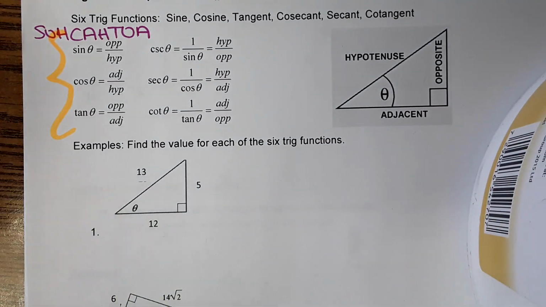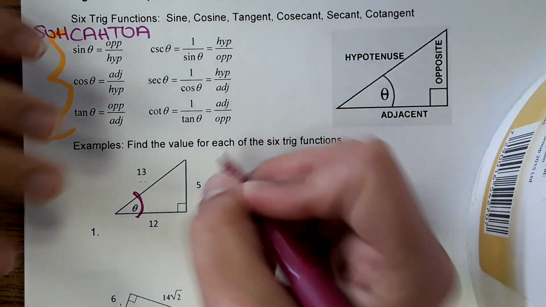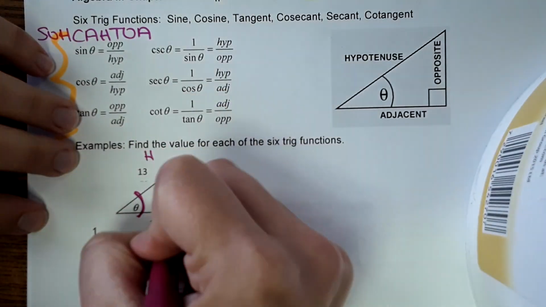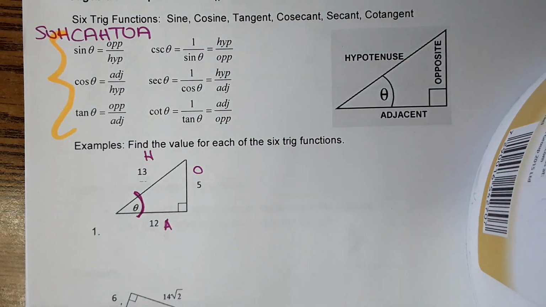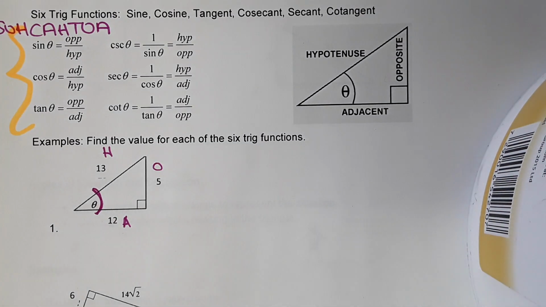So for number 1, we have theta right here. Then you have opposite, hypotenuse, and adjacent. Okay, and so it says find the value of each of the 6 trig functions.